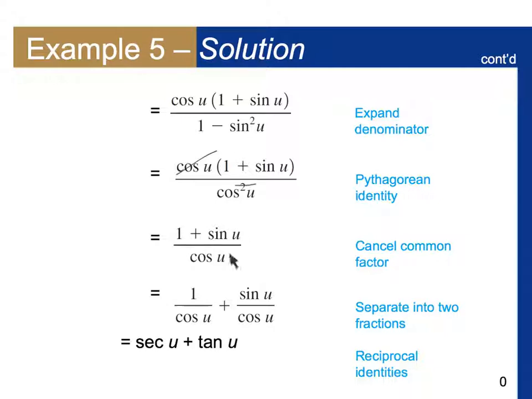And that's equal to secant plus tangent. Secant is 1 over cosine, and tangent is sine over cosine. So we've proven the identity by saying, look, we simplified this, and we got this, which is secant, and this, which is tangent, which is what we had on the other side. So that's how we prove that identity algebraically.